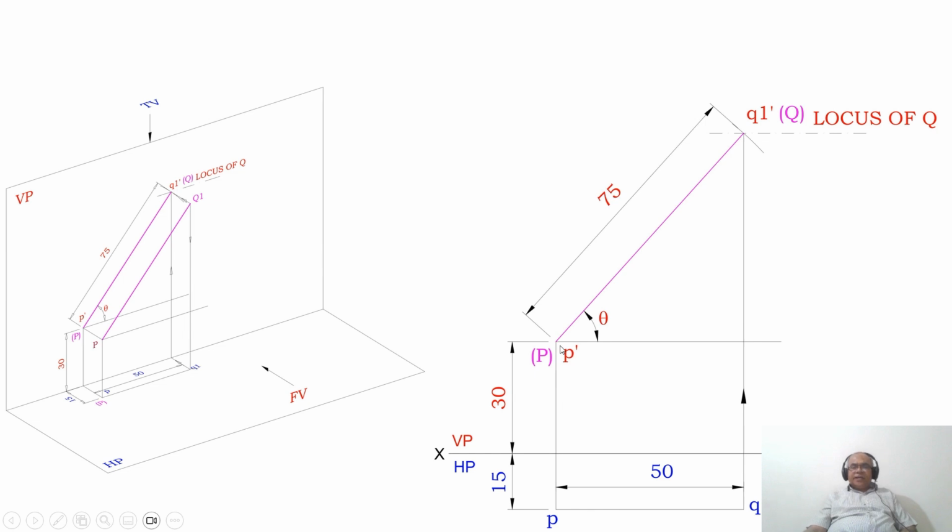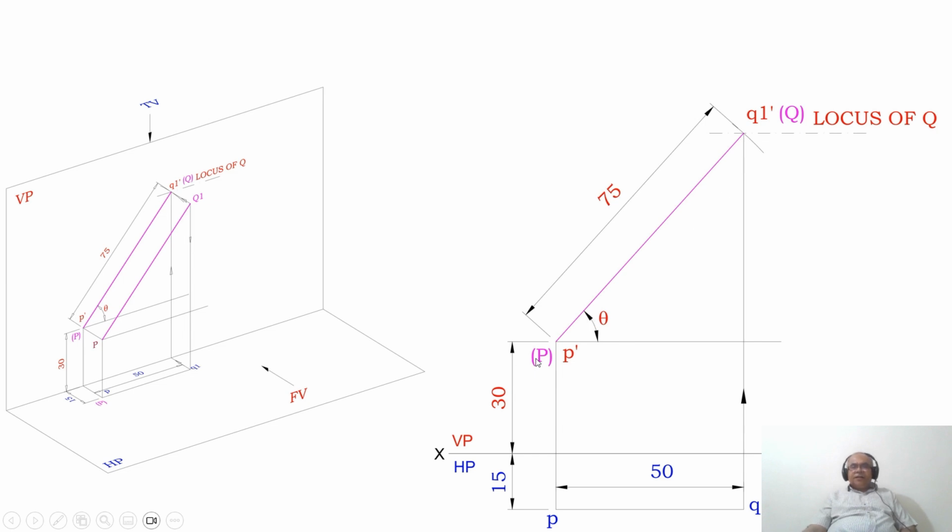Then with P dash as center, take a radius of 75 mm using the compass and cut an arc on this vertical projector so that you get Q1 dash. Mark that point and draw a dashed outline here. Since this is the true length line, join P dash and Q1 dash and indicate that angle as theta.